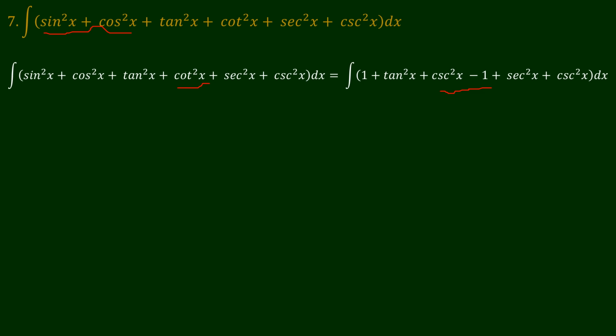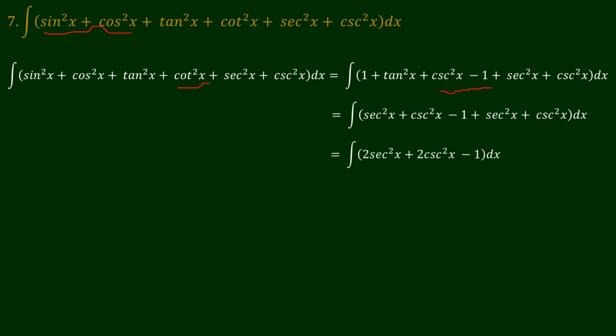Now, as you might also realize, 1 plus tan squared x is the same as sec squared x. So we have sec squared x, another sec squared x there. We get 2 sec squared x, and then we also have 2 cosec squared x. So those also add up into 2.